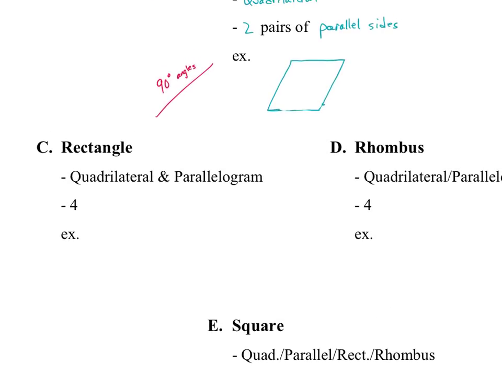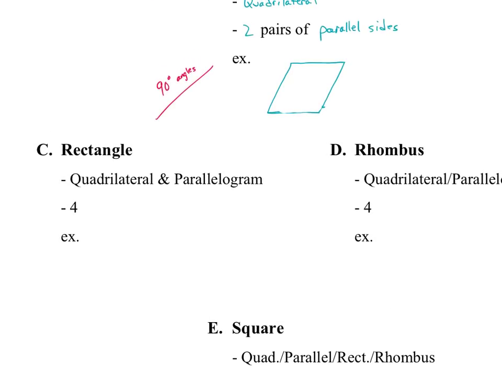So any rectangle is a quadrilateral and a parallelogram, but it's also going to have 4 right angles. Usually we make rectangles wider than they are tall. So I'm going to do a rectangle like that and put in that all the angles are 90 degrees. So there's a rectangle.